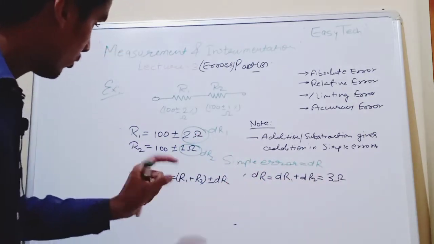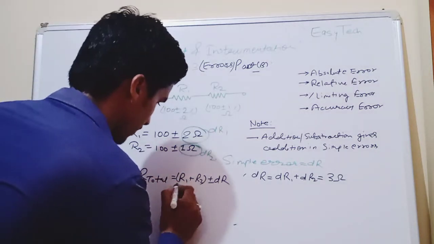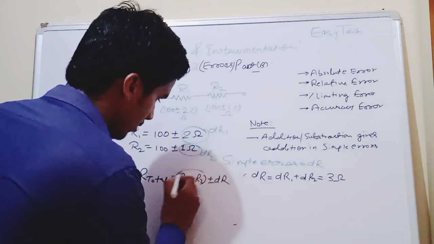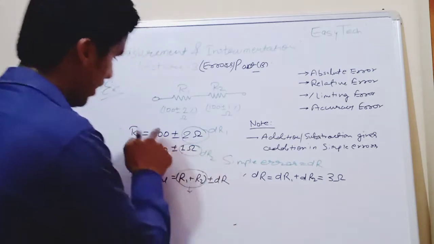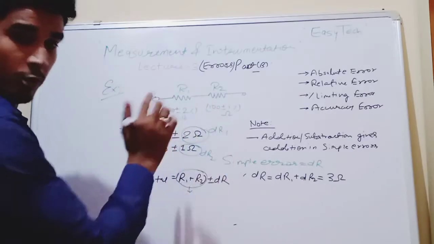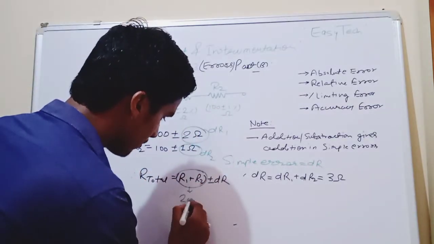And for the total resistance, 100 plus 100 ohm is equivalent to 200 ohm.